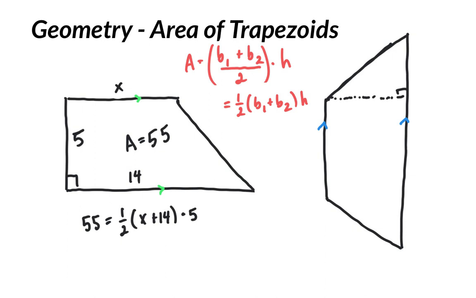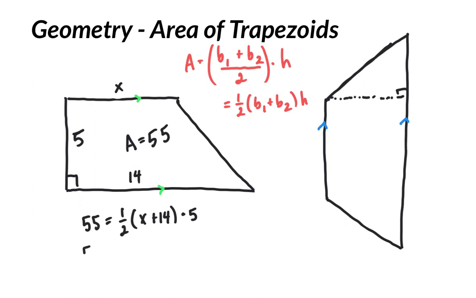There are lots of different ways you can do this. I think I'm going to distribute everything in. That'll be my method on this one. Probably my more preferred method would be to just divide both sides by the two numbers that are outside the parentheses. But I'm going to distribute, okay?